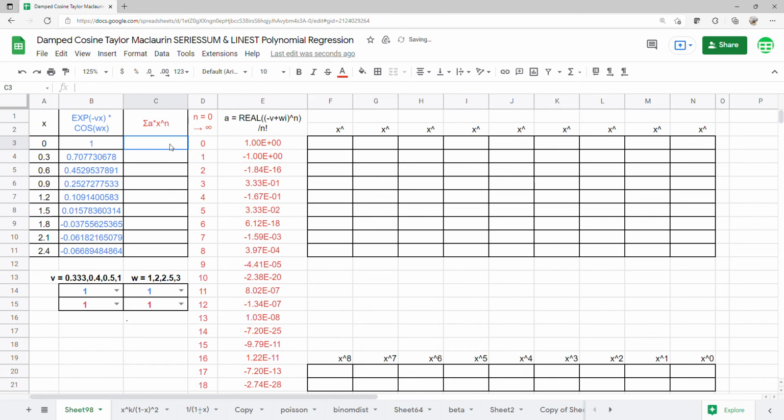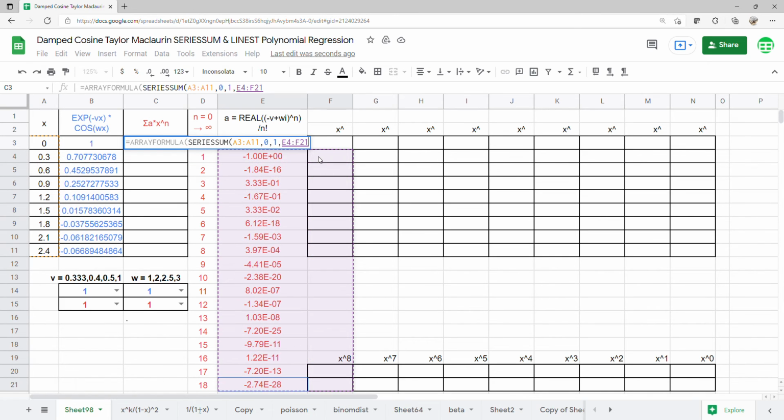Now we complete the Taylor series expansion. So array formula, series sum of the x values raised to the power n, where n start from 0, incremented by 1, and the coefficient will be this range.